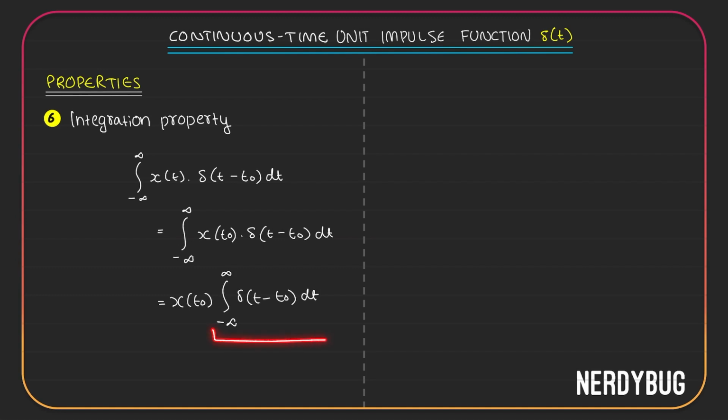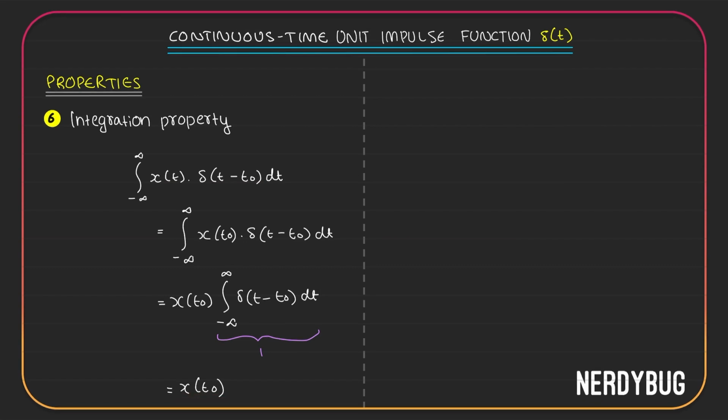When you take integration from minus infinity to infinity, you are actually calculating the area under the graph, which hasn't changed at all. So that is still going to be 1. So what you get here is x of t naught multiplied by 1. That is, when you integrate from minus infinity to infinity, x of t multiplied by delta of t minus t naught, what you get is the value of x of t at t naught.